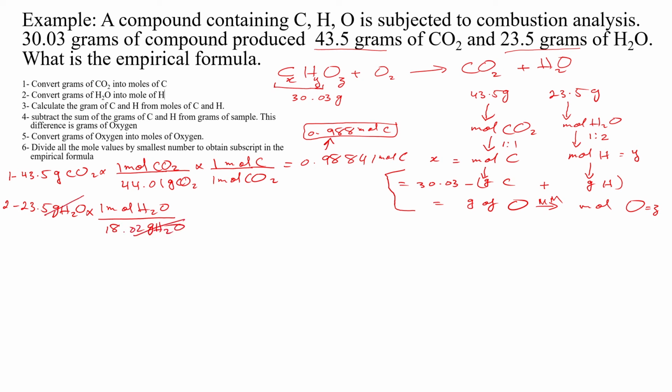This cancels here. So the mole ratio between moles of water and moles of hydrogen is 1 to 2, so it will give you 2 moles of hydrogen. So we have 2.608 moles of hydrogen. And if you round it to the proper sig figs, we have 3 sig figs here, so it is going to be 2.61 moles of hydrogen.